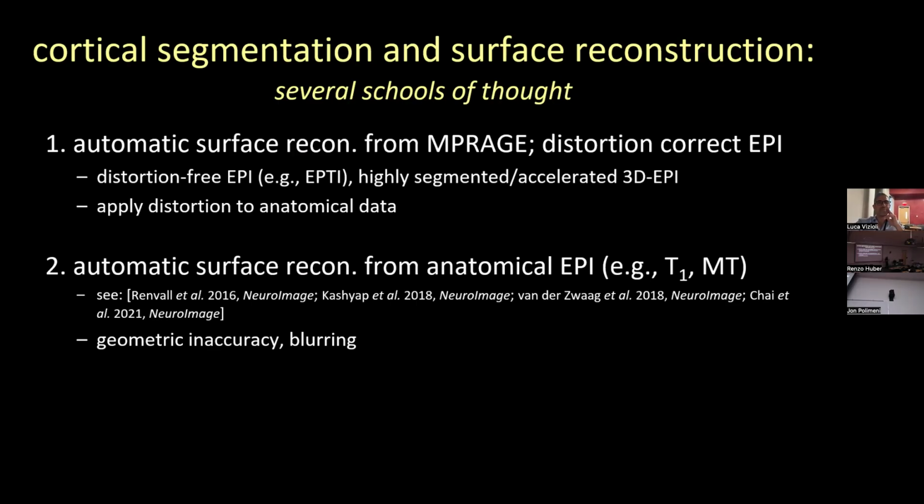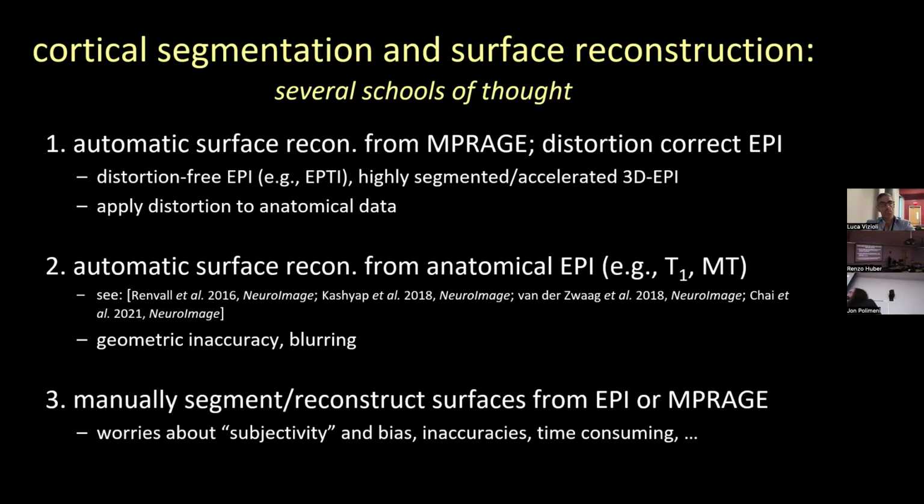And so the idea is that these anatomical references are going to have geometric inaccuracies. We're going to see distortions in the cortical thickness. And this is going to result in, again, misestimation of the cortical layer locations, especially in regions with strong distortion.